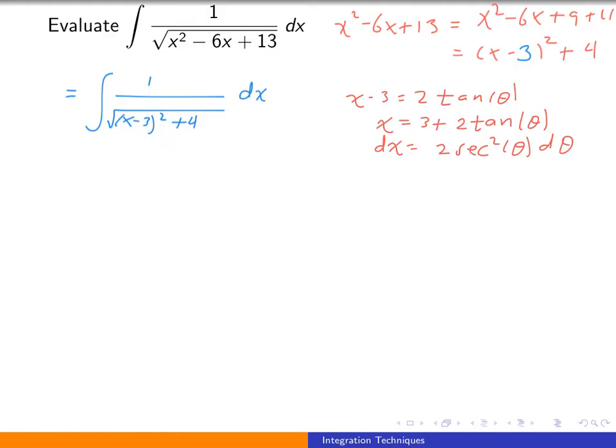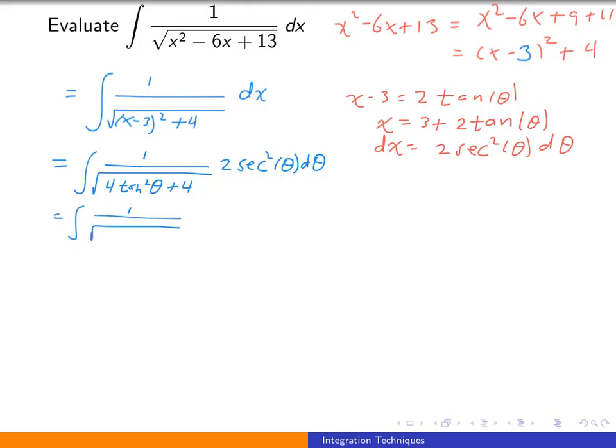So putting this all together, in the integrand, the x minus 3 is going to be 2 tangent theta, so we'll have 4 tangent squared plus 4, and the dx is 2 secant squared theta d theta. Then note what we have underneath the square root in the denominator. Well, that's 4 times the quantity tangent squared plus 1, and tangent squared plus 1 is secant squared.